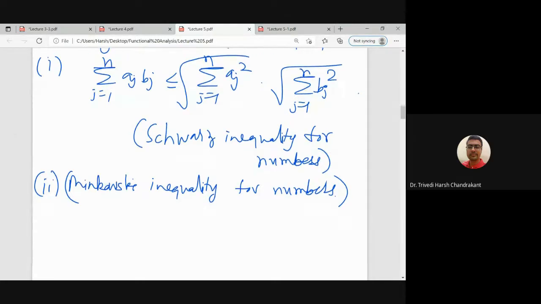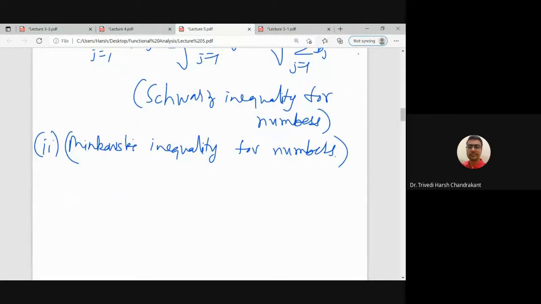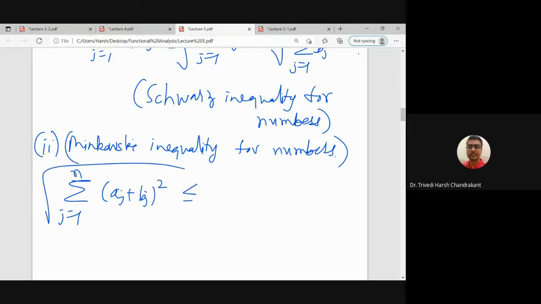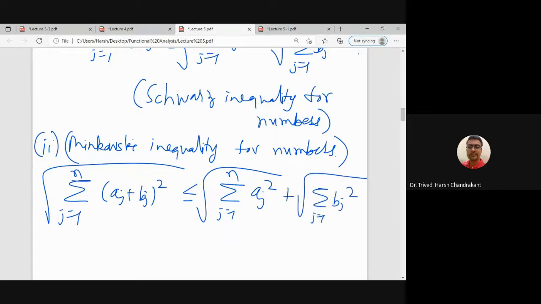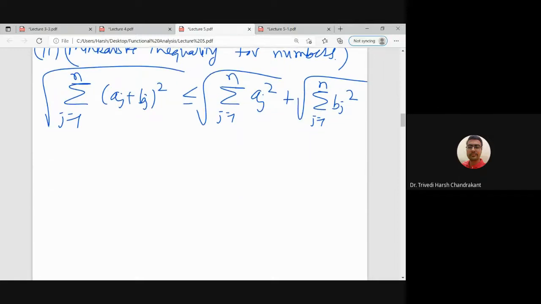This also holds for infinite sequences and functions, and there is such a version in nonlinear spaces too. The square root of this is less than or equal to the square root of this plus the square root of the sum of bj square. So let us try to prove this.